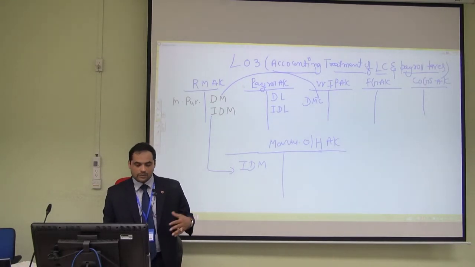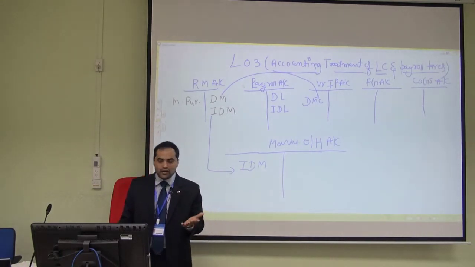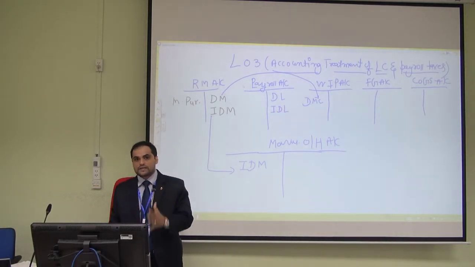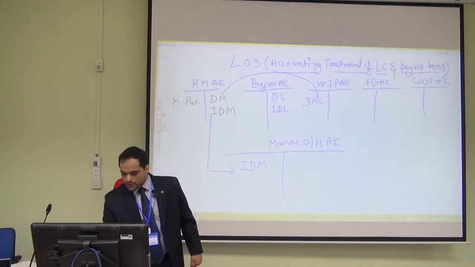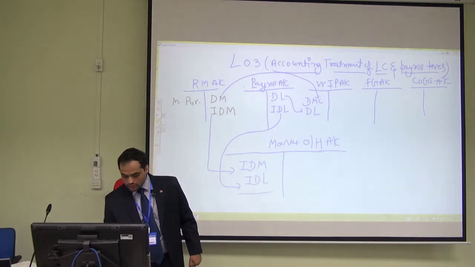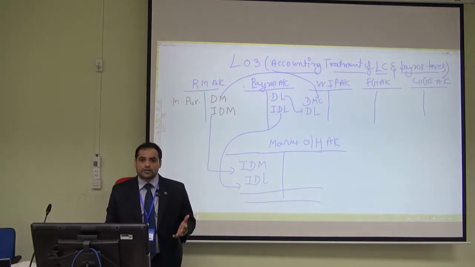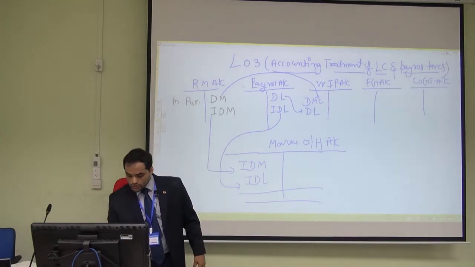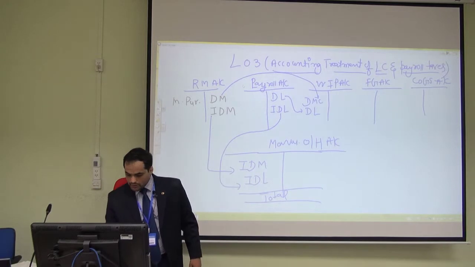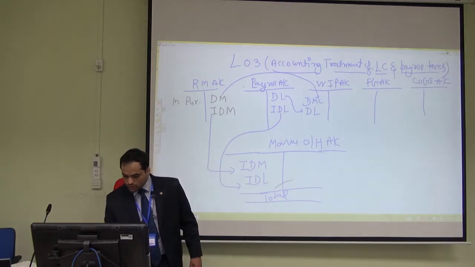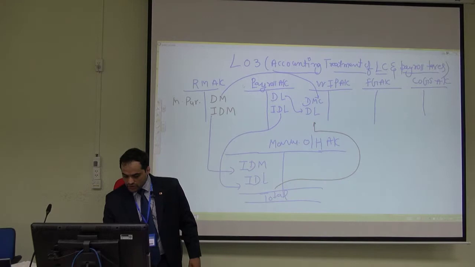Like the example I gave before, $75 is direct and $5 is indirect because of inefficiency, so that is the indirect labor. Direct labor transfers directly. Indirect labor transfers to manufacturing overhead. We may have some other indirect costs, so we get the total here.